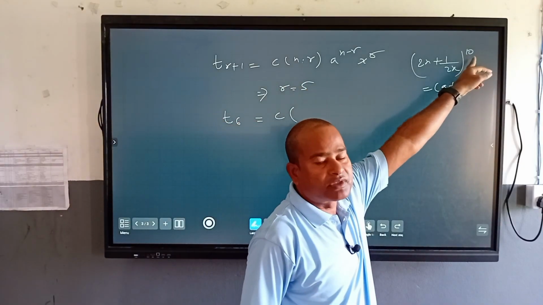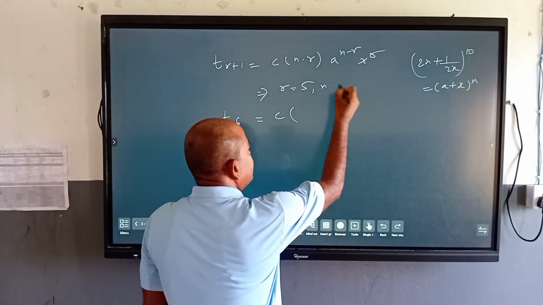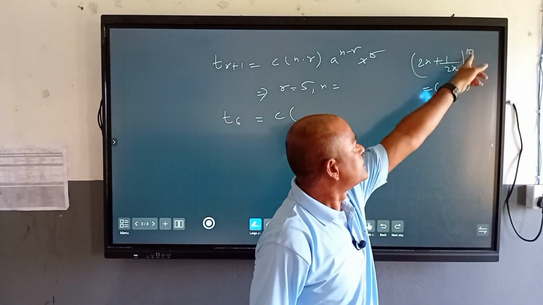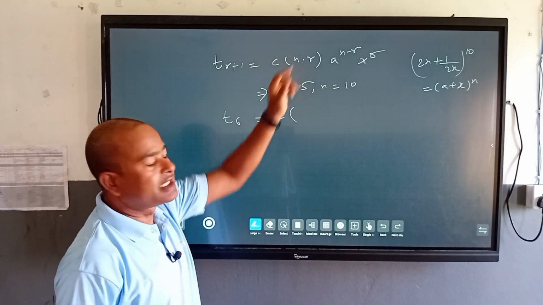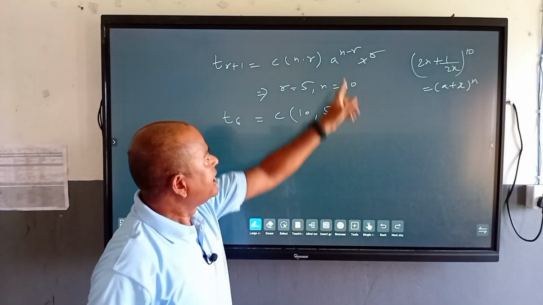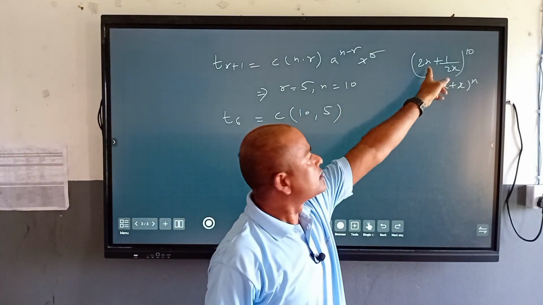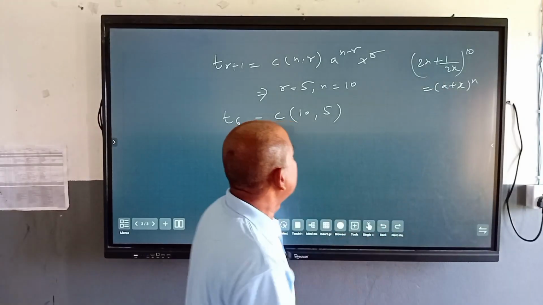N means the power of the given binomial expression, so the value of n is 10. Let's put n means 10 in the formula, 10, r means 5, and a means the first term of the given binomial expression. The value of a is 2x.